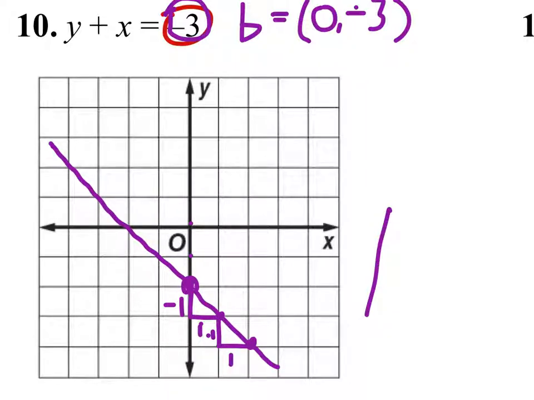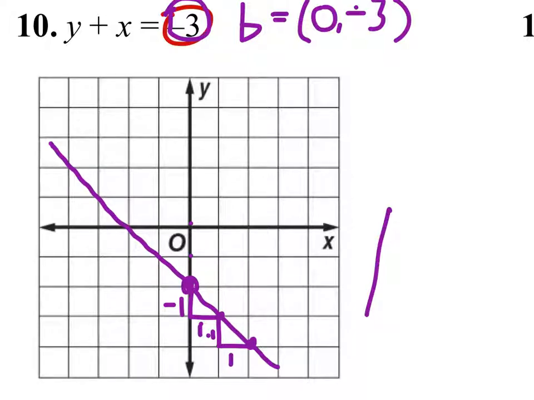Oh, how'd you get a negative slope on that? How'd you get down 1 and to the right 1 on that thing? Because, one sec. I didn't do that right. I forgot to simplify first.